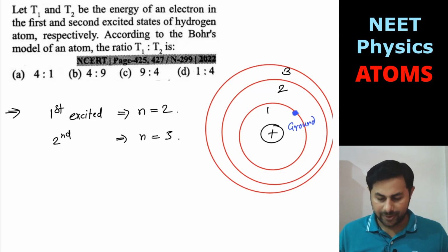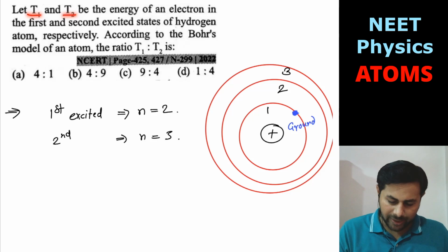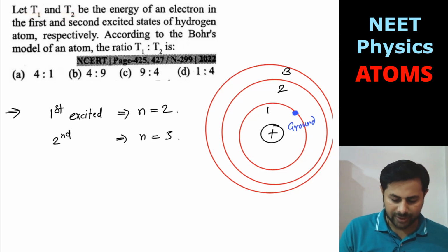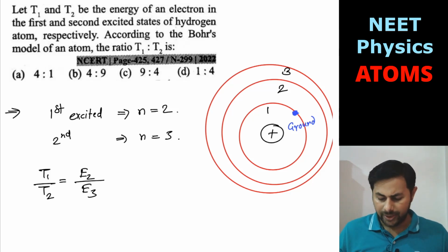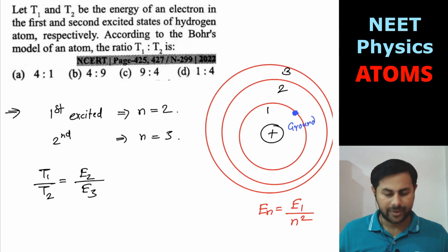So T1 and T2 are the energy of electron in the first and second excited states. So T1 is to T2 is equal to E2 is to E3. And we have the formula that En is equal to E1 divided by n square. So it is inversely proportional to n square, right?